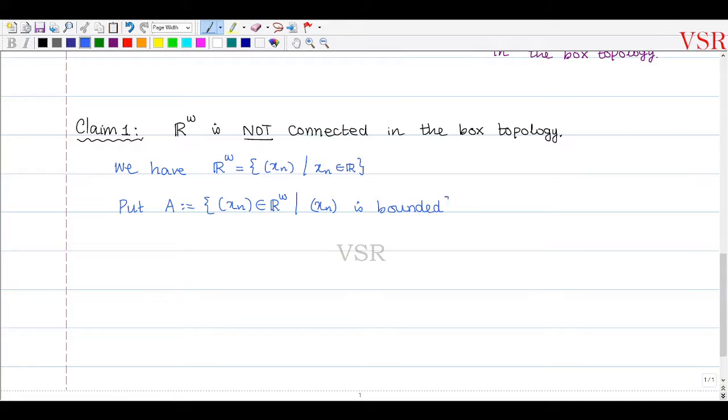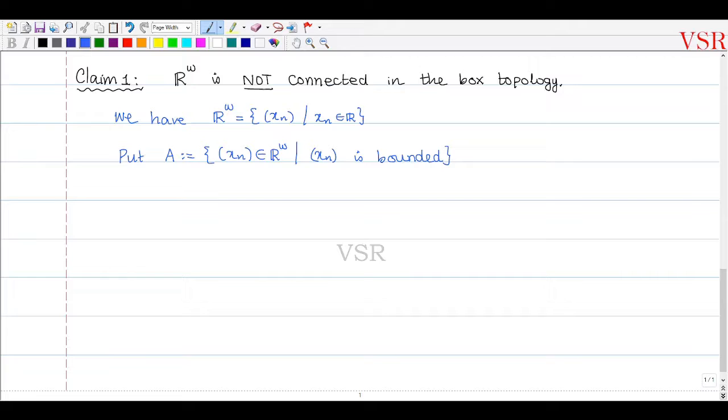Let capital B be the set of all sequences xn in R omega such that xn is not bounded. Clearly A and B are disjoint and non-empty, because the sequence 1, 1, 1, 1, ... is in A, and the sequence n is in B.